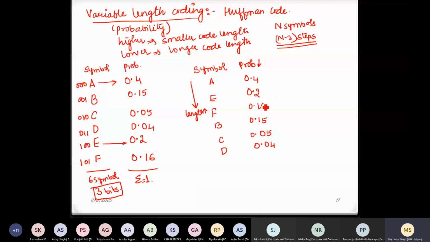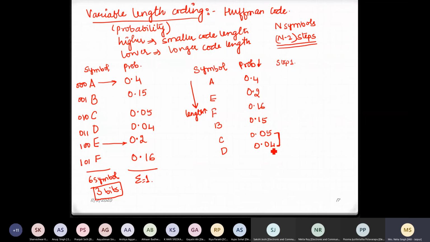Let's see how this code works. For using this Huffman code, what we keep on doing is we keep on clubbing two values from the lower end and add them together. The summation will again be arranged in the order of probability in the next step. This is my step 1.